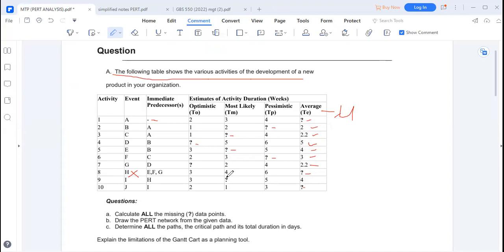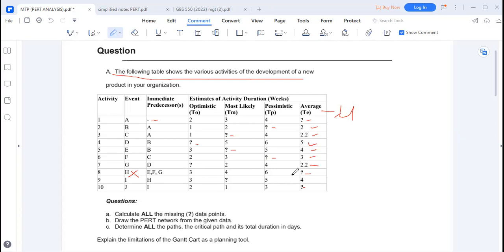Time expected. These other ones we can also fill in depending on that formula. You just need to make the subject of the formula to sort out the missing parts using that standard formula. So for H, the time expected, the optimistic is 3, most likely is 4, and pessimistic is 6.